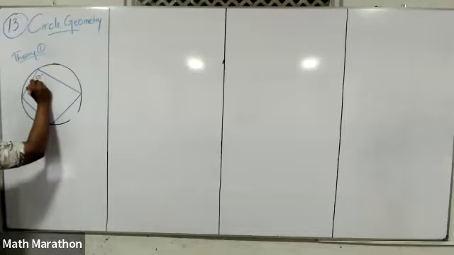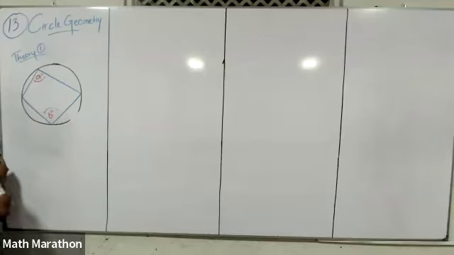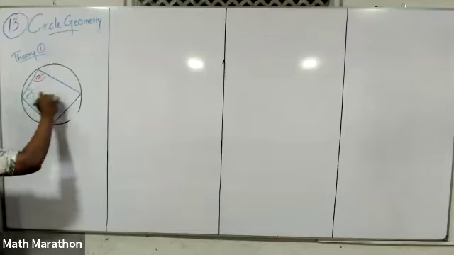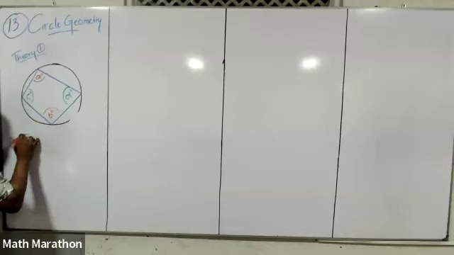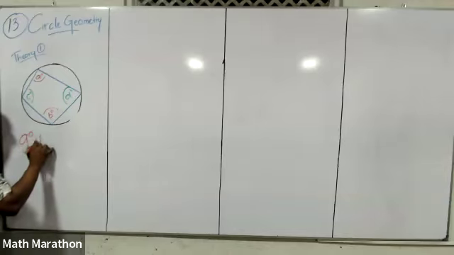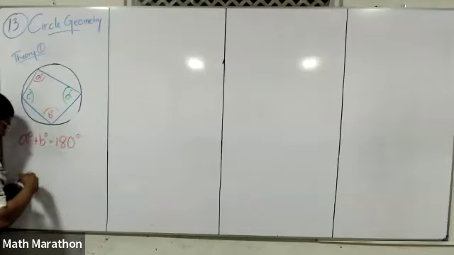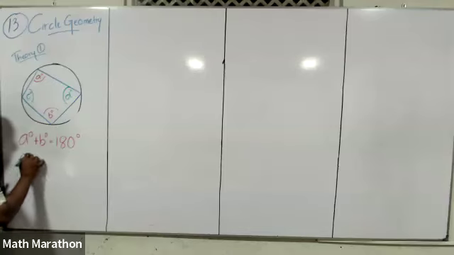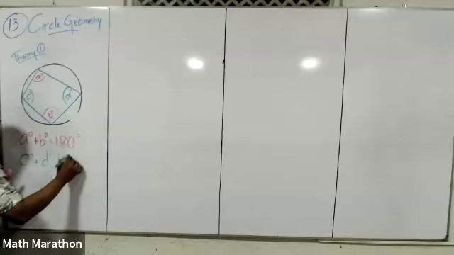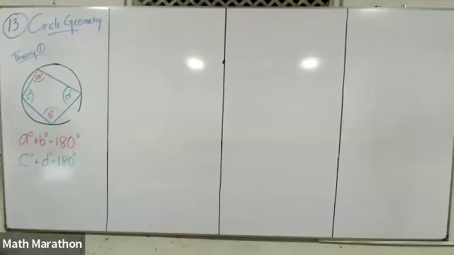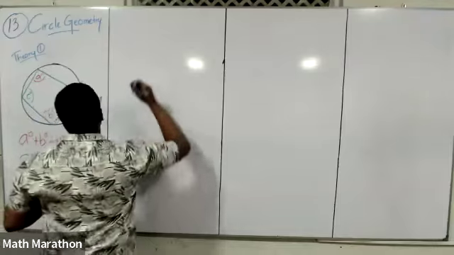If this angle is A, this is B, this is C and this is D, the theory says the sum of the opposite angles in a cyclic quadrilateral is supplementary, that means 180. That is the first theory we need.